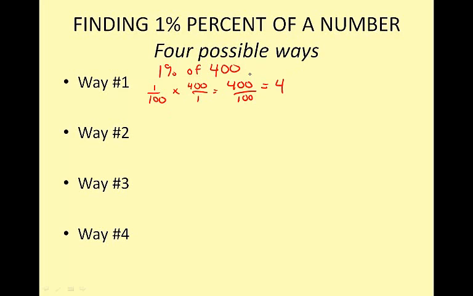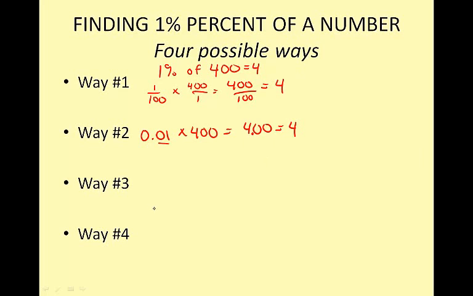So 1% of 400 is 4. Way number 2 is if I turned 1% into a decimal, I would get 0.01 times 400. My answer would be 400, but now I need 2 places because I have hundredths, so that still equals 4.